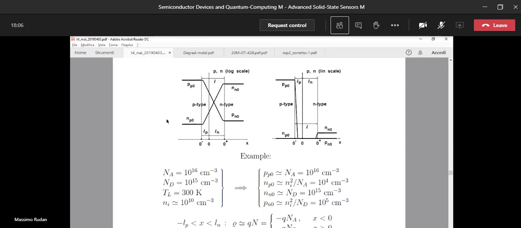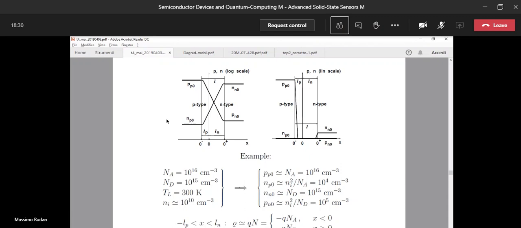The left value of the concentration of the electrons, you remember, is called NP0. It is the asymptotic value of the equilibrium concentration of the electrons in the P region. And that on the right is called NN0.